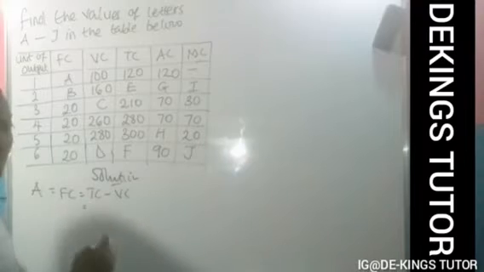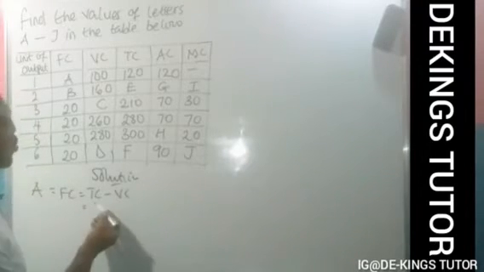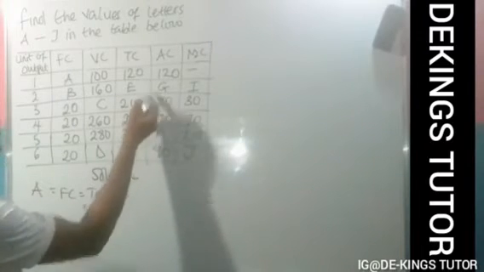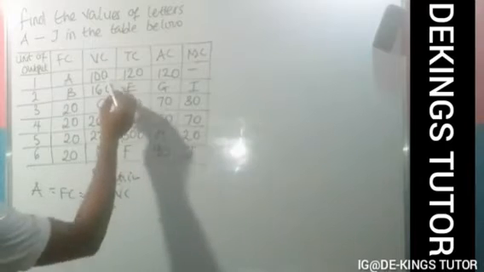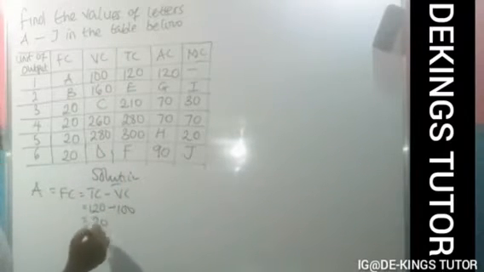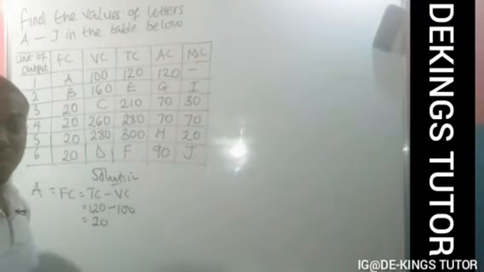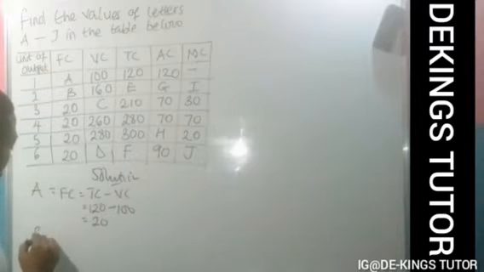That's the formula. That's why I advise you to watch that before this. So total cost, look at it, 120. So 120 minus the variable cost, 100. 120 minus 100 gives us 20. So the fixed cost, which is for A, is 20. Very simple. We move to the next one, B.